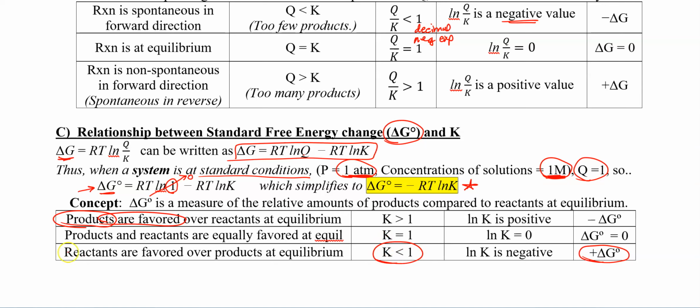You're going to have reactants being favored at equilibrium, right? So the delta G naught being positive tells you it's not spontaneous when you're at standard conditions, but it also tells you at equilibrium, the reactants are more favored. You have more reactants compared to products. So that's really, really powerful that it kind of tells you both of those things.